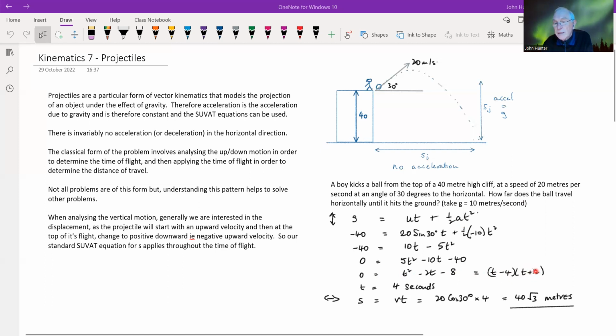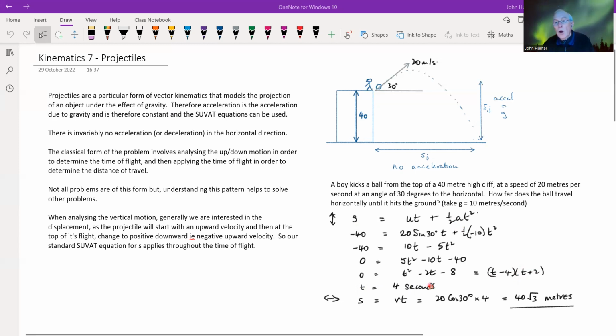So whilst t equals minus 2 is a solution for this equation, it's not a solution for this particular problem. The solution is just t equals 4 seconds. So this ball is in the air for 4 seconds.